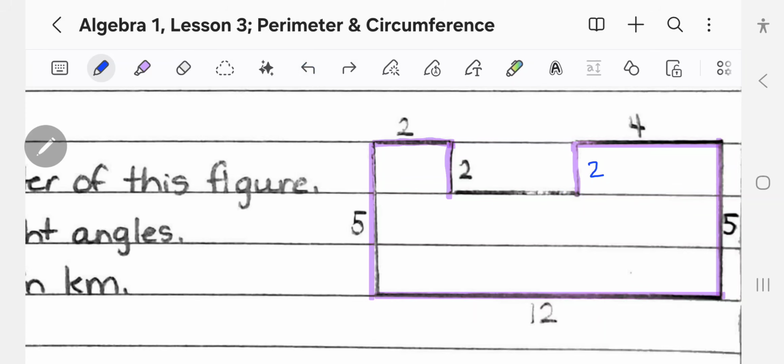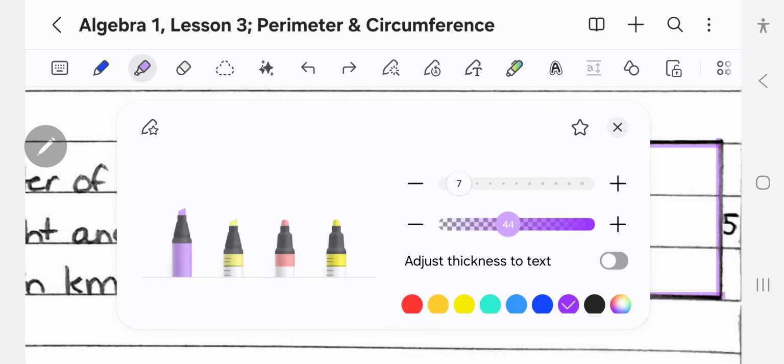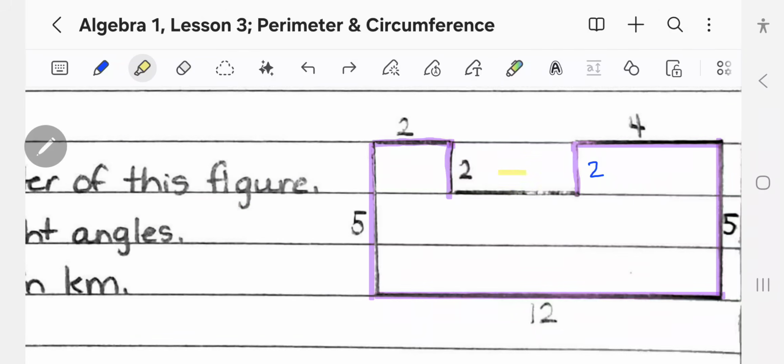So the other piece we're missing, though, is this piece right here. Now, we don't know what that is, but I do see that this plus this plus this would have to equal what? Move that down here, move the 4 down here, and you see this entire side has got to be equal to this 12.